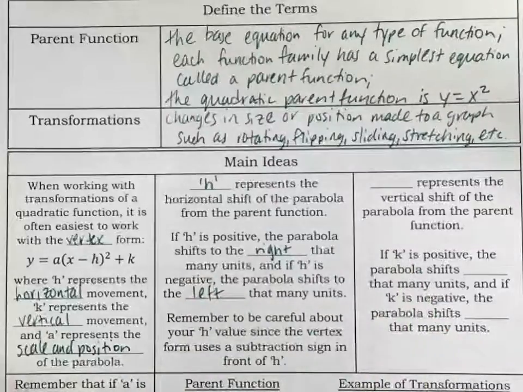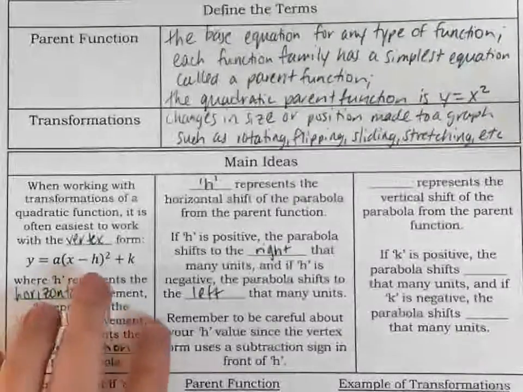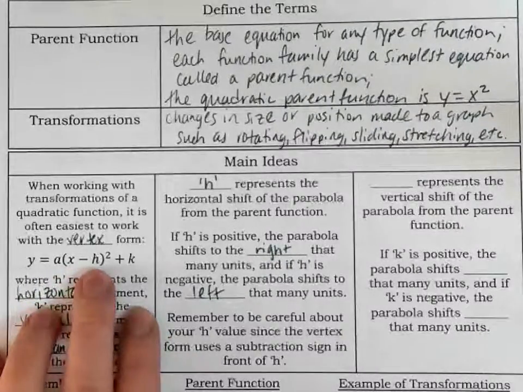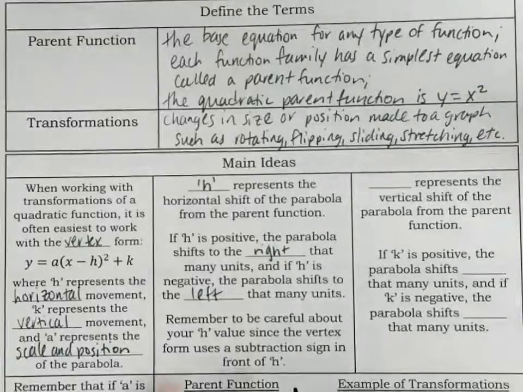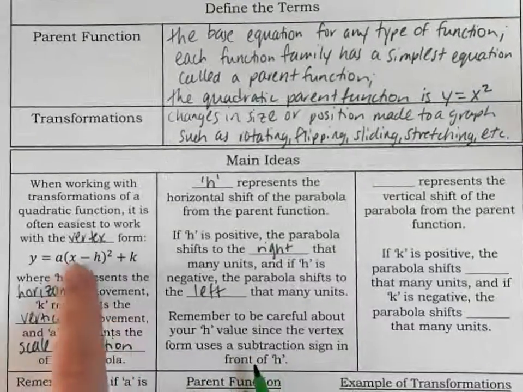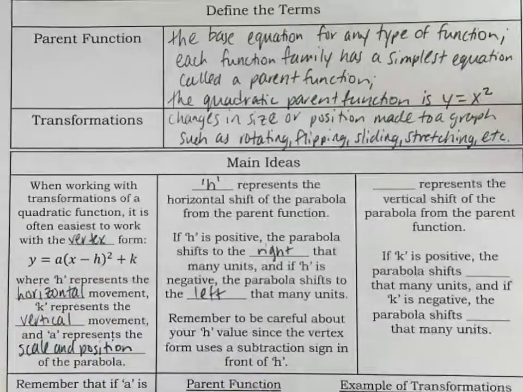So if I had x minus 2, remember that 2 there is actually a positive number, so that parabola is going to be moving to the right. So remember to be careful about the h value because vertex form has that subtraction sign. It does make that a little bit tricky, so just make sure you keep that in mind.